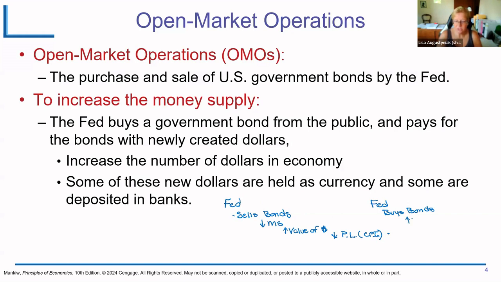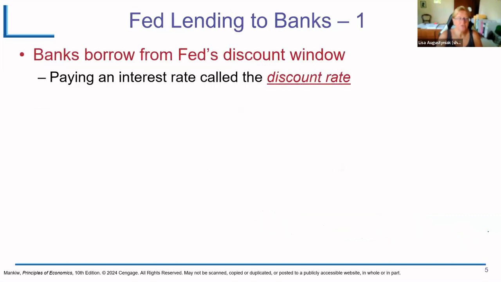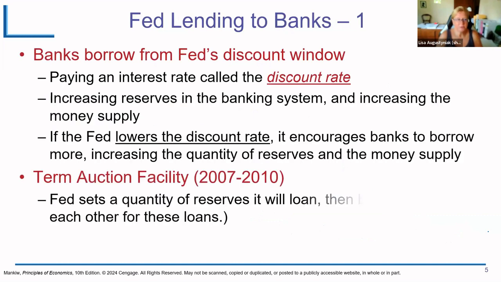So this increases the money supply, which will decrease the value of a dollar. It'll take more dollars to buy the same amount of goods, which will increase the price level, or as we've termed it, inflation. Okay, so open market operations is the first one.